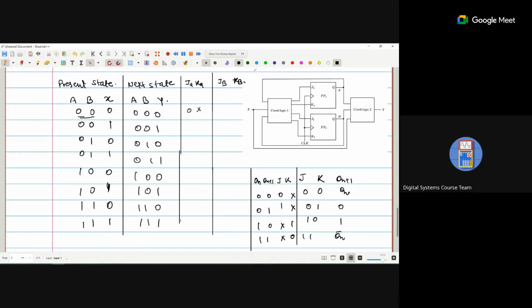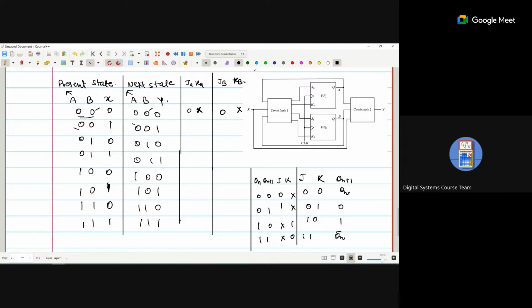Okay, so if I say this is my present state for A, both are 0, 0, so it is 0 cross. Similarly for B, it is again 0 cross.